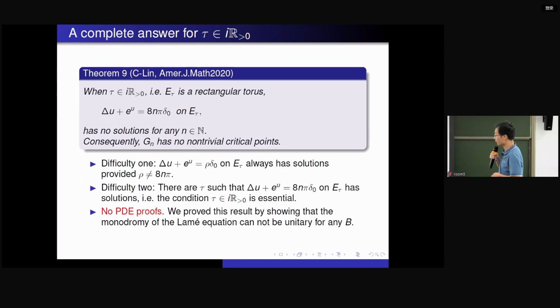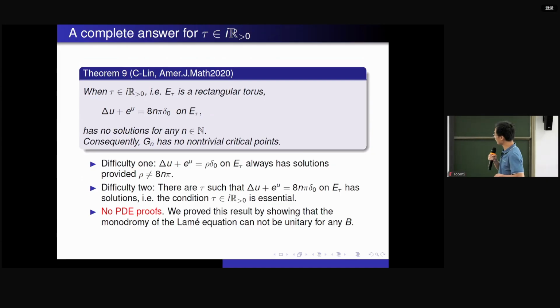This result tells us what? Remember, when rho is not 8 pi times n, this equation always has solutions. So for the rectangular torus case, this equation has solutions if and only if rho is not 8 pi times n.